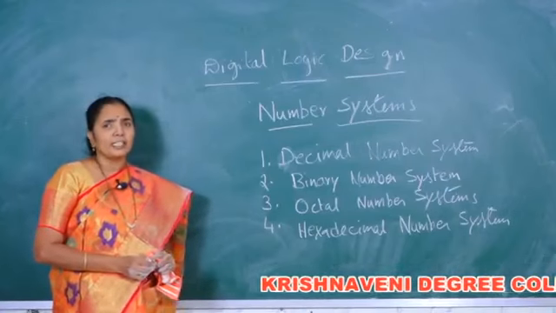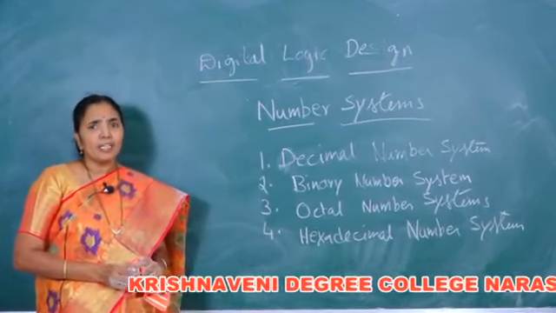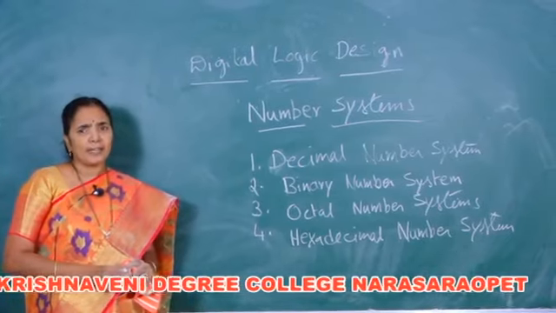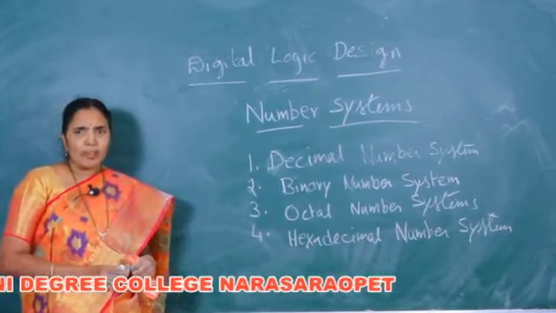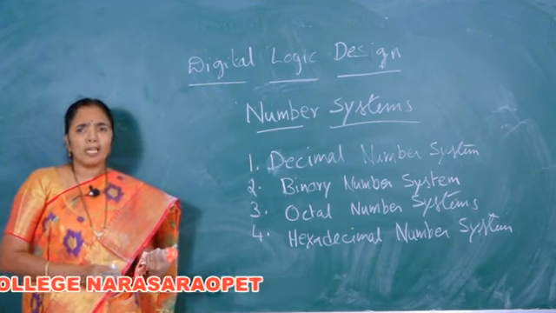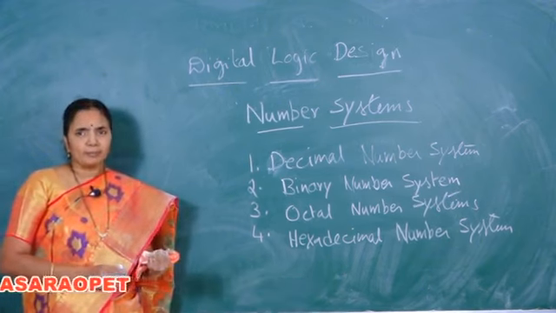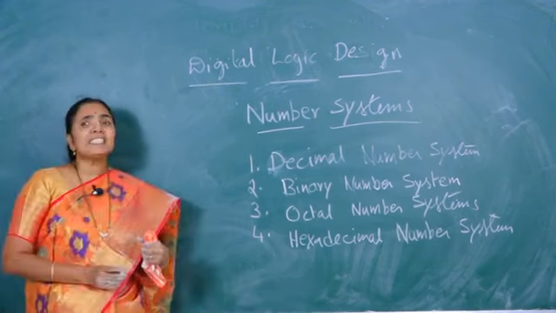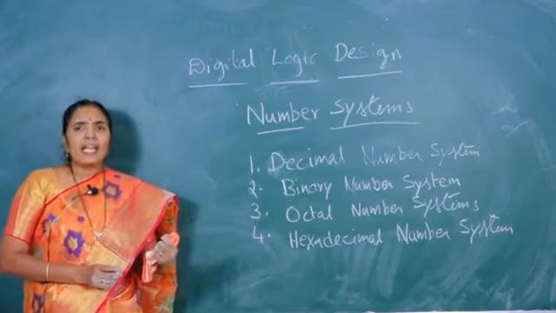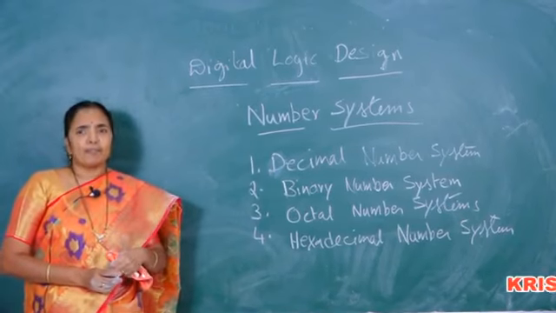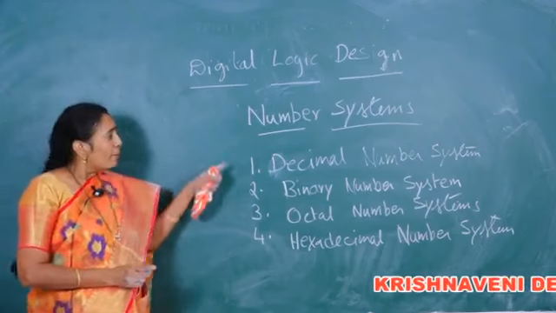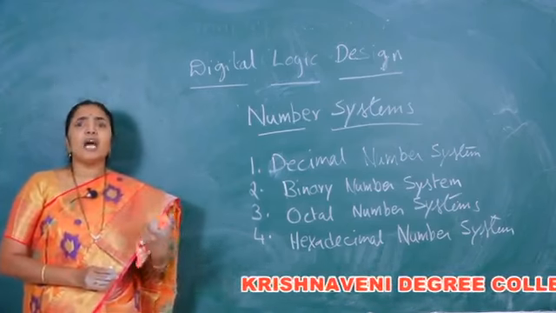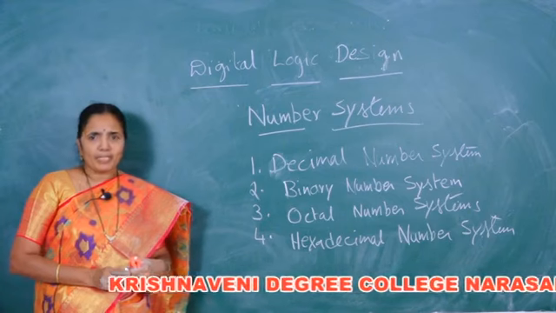Here we have said that digital logic design is a subject which allows us to design the digital system. For a digital system, we have to pass the number information. So, the digital system takes only the binary information. But the systems are being operated by the human beings.